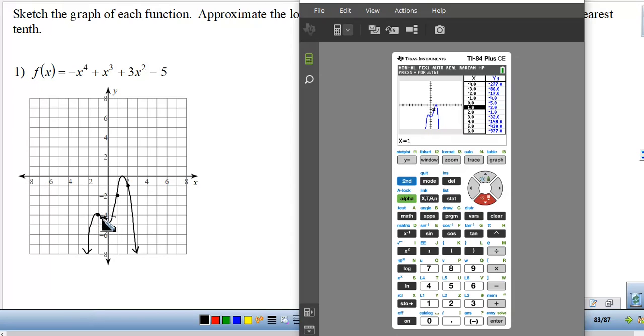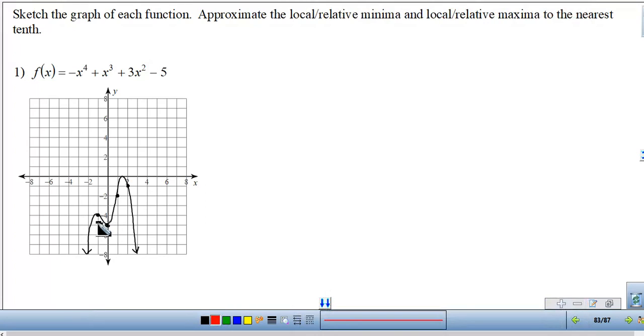So at this point right here, you might say that it is a maximum because it looks like a mountaintop. It does definitely change direction in the graph. This one is a minimum. It looks like a valley. And this one, again, we have that mountaintop look. Occasionally, and just for example's sake, you might see a graph that kind of looks like this.